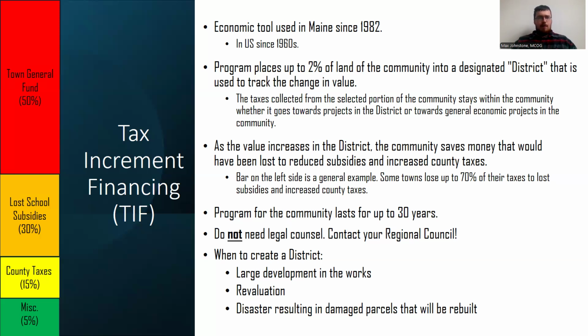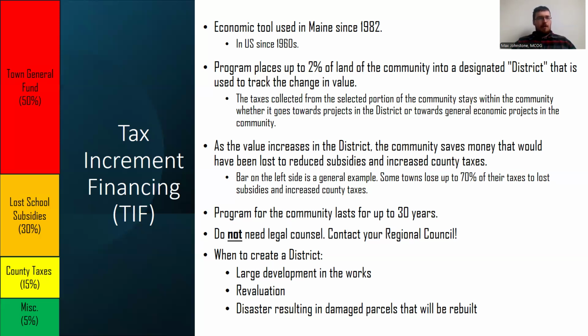Now, usually when a town collects tax revenue and it doesn't have a TIF district, you actually will see a reduction in some of the tax revenue you get. You see on the left side of the slide there, it's just a general idea of what happens when the town gets their average annual tax revenue from residents.